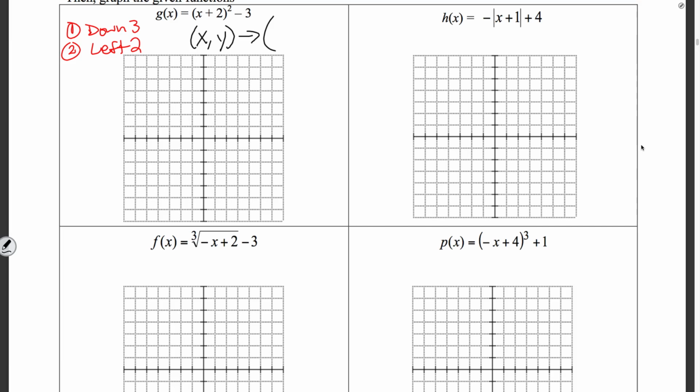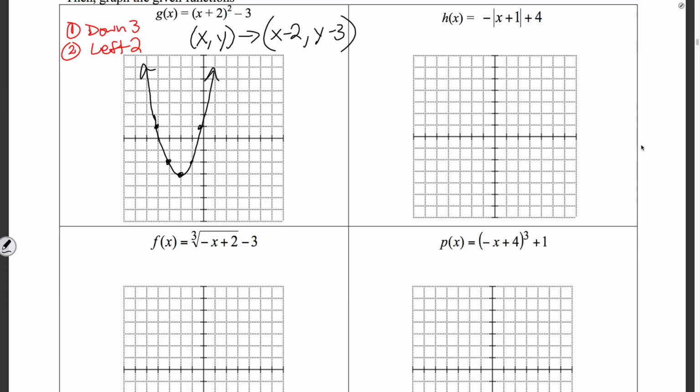X minus 2, Y minus 3. Exactly. And then we would just graph it, and it would be at negative 2, negative 3 down here. And that's where our function is.